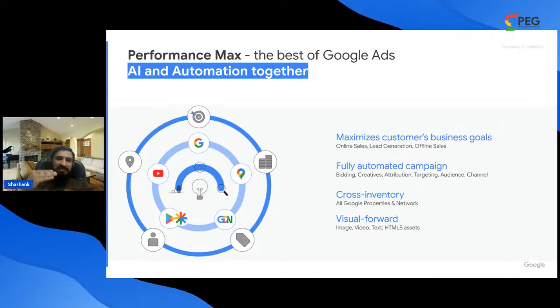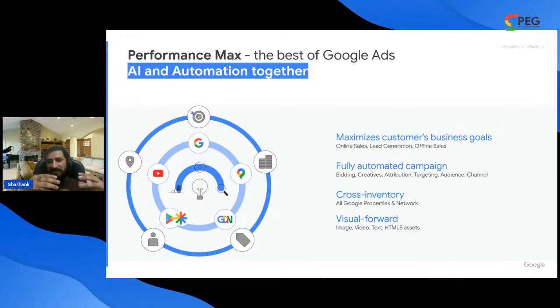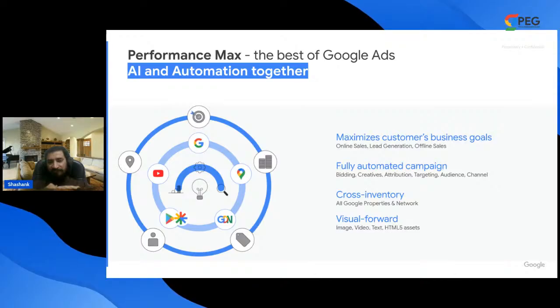Like in Google search, you have to add a list of keywords, but if you're talking about PMax, it's entirely automated. You can give it search themes. It will utilize those search themes to feed a certain level of information to the backend audiences, and will try to leverage that data to create a customer base for you.